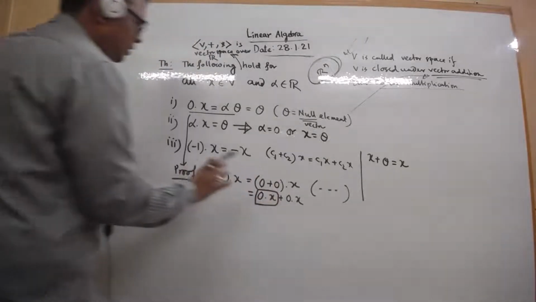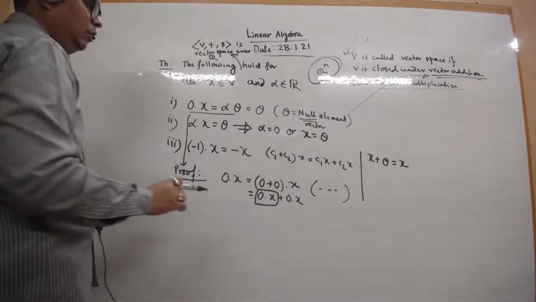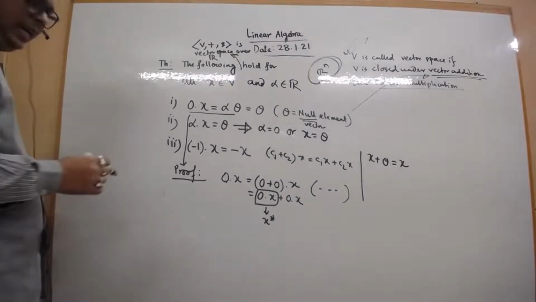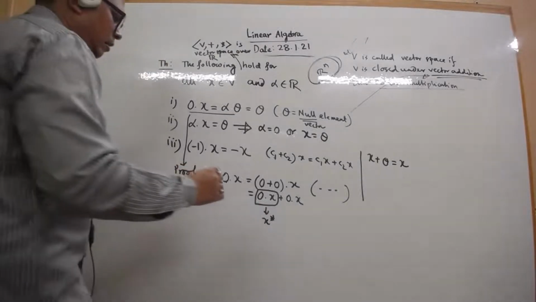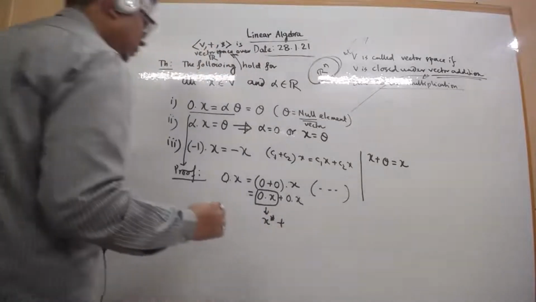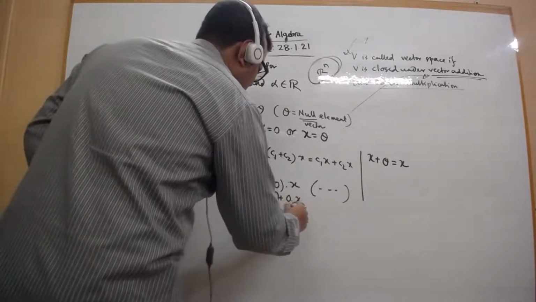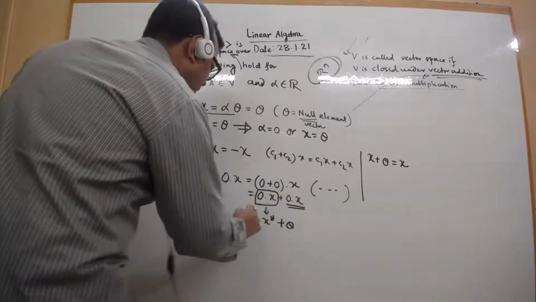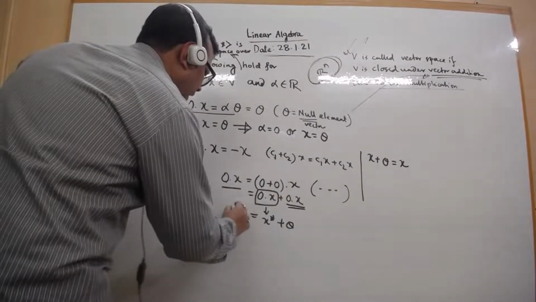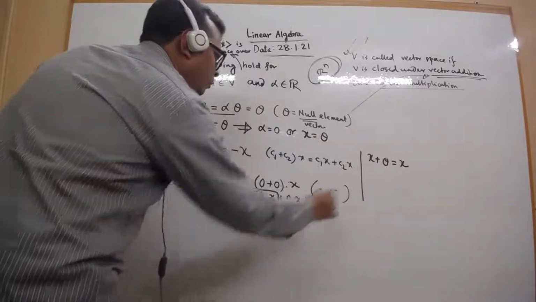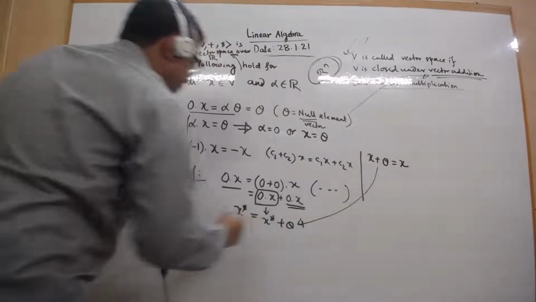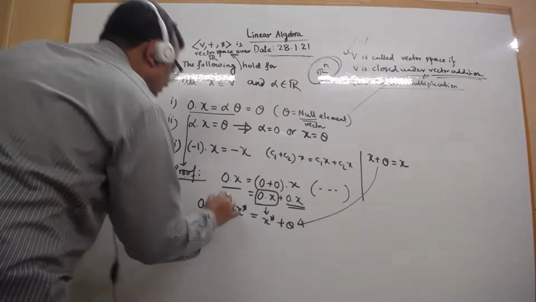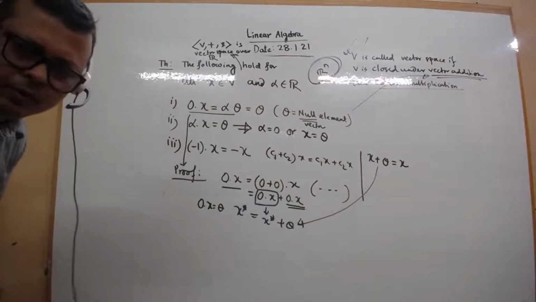So suppose I write this as x star, which belongs to V, plus x star again. Comparing this with that, you see that 0 x is equal to theta.